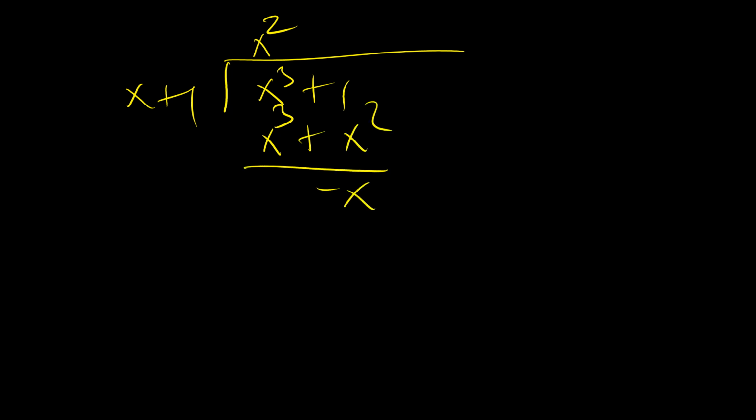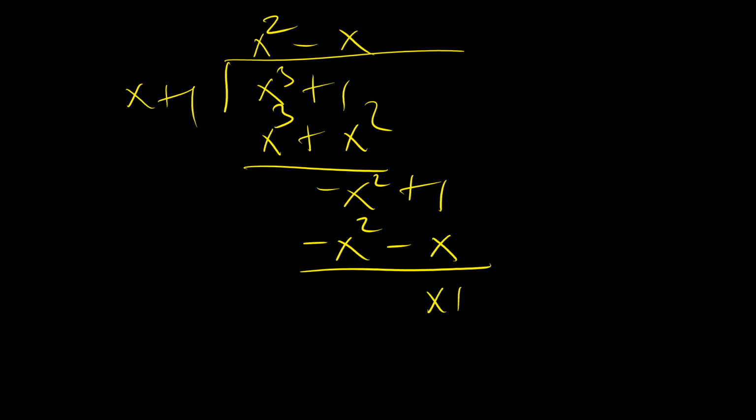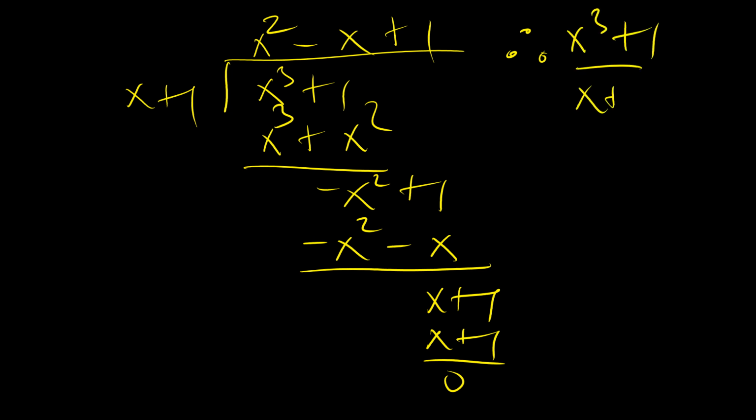Subtract, and we get minus x squared plus 1, so that when we multiply by minus x, we have minus x squared minus x. When we subtract this, we have x plus 1. So add 1, this x plus 1, and this is 0. So in other words, therefore, x cubed plus 1 over x plus 1 is the same as x squared minus x plus 1.